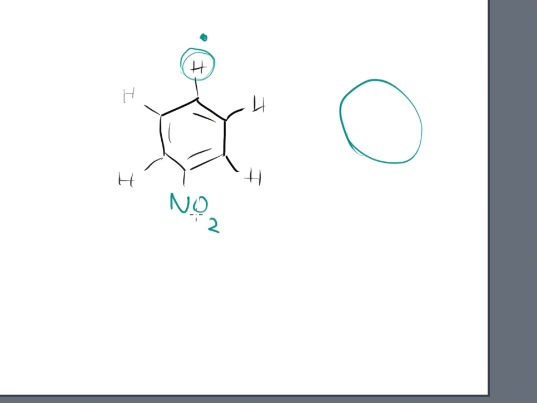So if I look at the nitro group that is already on there, that nitro group is attached to a carbon, and that carbon has no other hydrogens. No more. So we get the carbons to the left and to the right. This is ortho, and that's also ortho.